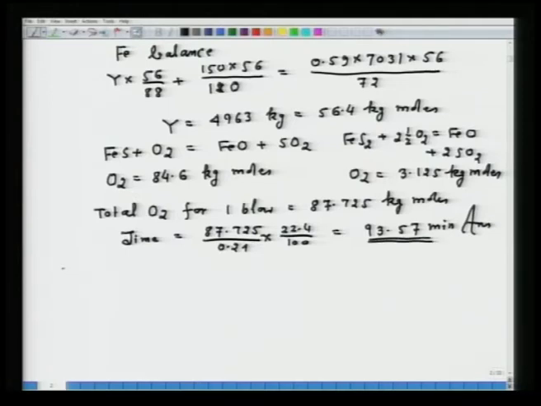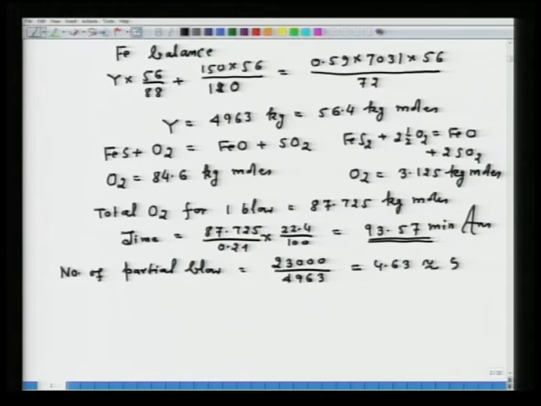Now, the number of partial blows: time for one blow is 93.57, and in one blow you are able to remove 4963 kg of FeS. So, the number of partial blows is 23,000 upon 4963, that is 4.63, approximately we require 5 blows.